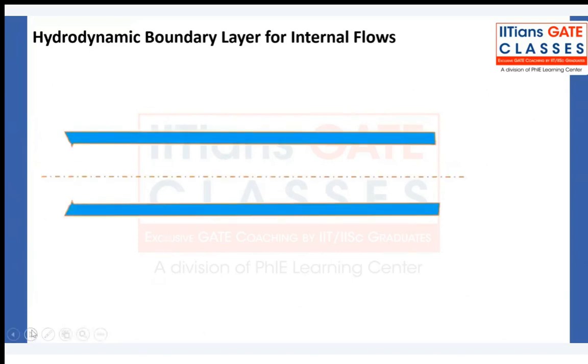Again, let us take coordinates x and y. Here y is in the vertical direction going up, x is in the horizontal direction going forward. And r at the center is 0, and it is increasing. Here r is equal to capital R or R naught.